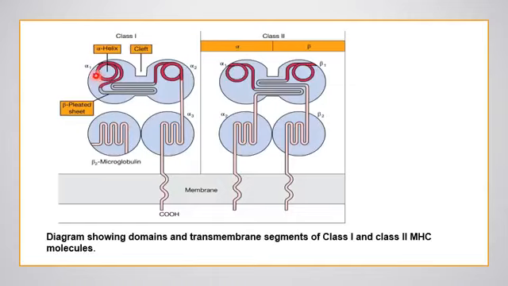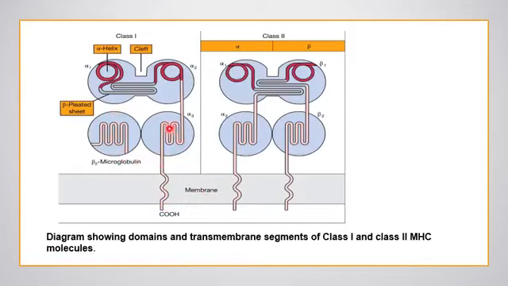The alpha chain consists of alpha 1, alpha 2, and alpha 3. The alpha 3 has a short cytoplasmic tail and is attached to the plasma membrane of the nucleated cells.